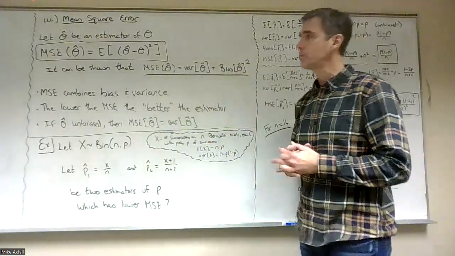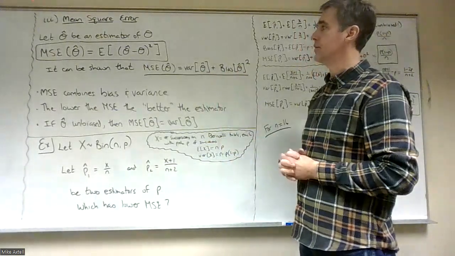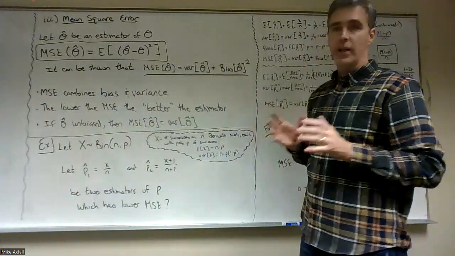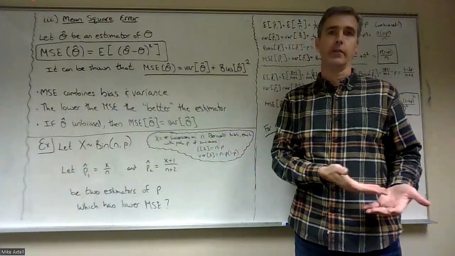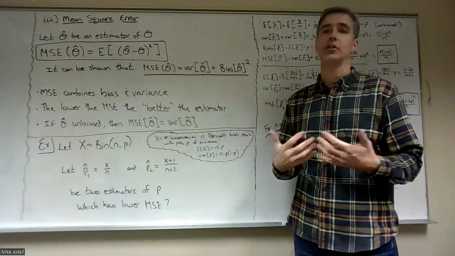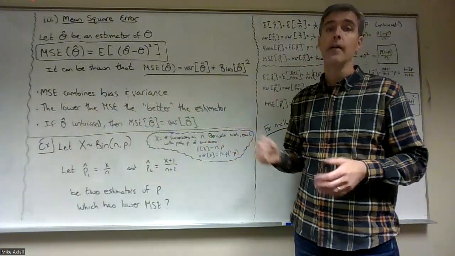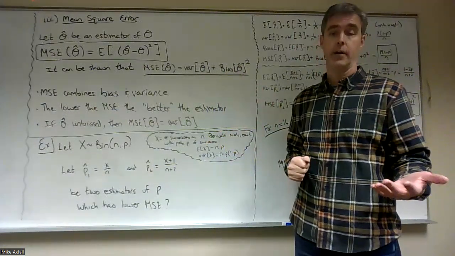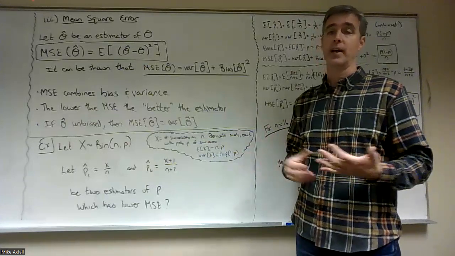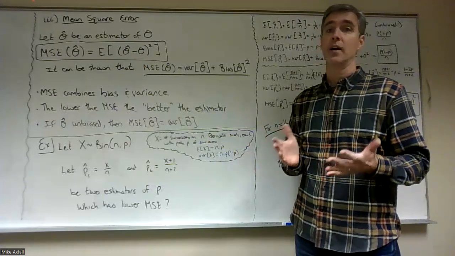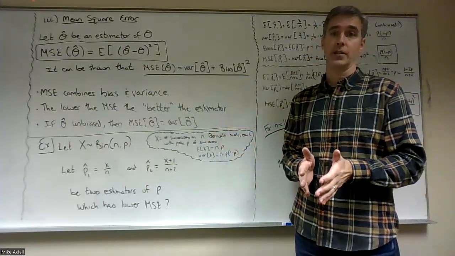Now, as this alternate definition of the mean squared error shows, mean squared error is trying to balance looking at the bias and looking at the variance of the estimator. So it's combining these two measures. And remember, we'd like a low bias, 0 ideally, and we'd like a low variance. Remember, a high variance means that if you actually compute an estimator from a random sample, you could be considerably away from the expected value of the estimator.